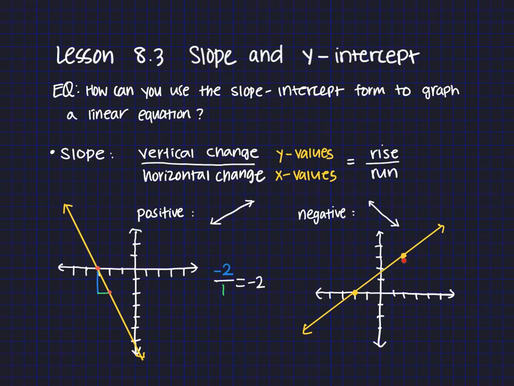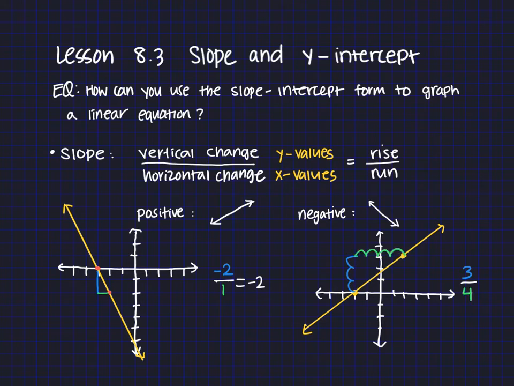So I chose points that give whole numbers or integers, and then I count the rise and run. I have to start from the left number because you always choose the left number first, and then you count the rise. So up here, I move 1, 2, 3 to the top. And then for the run, I move 1, 2, 3, 4 to the right.